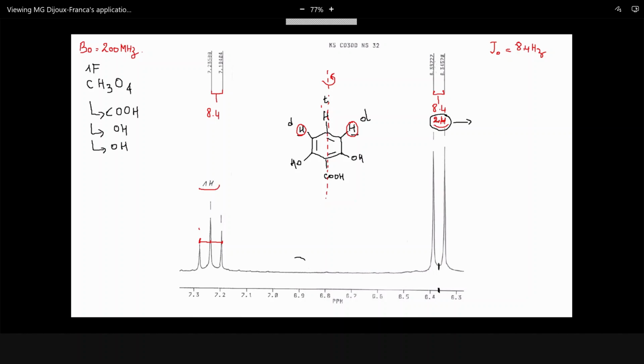Do you agree with that? Yes. Okay, so really think about symmetry when you have equivalent protons in an aromatic ring.